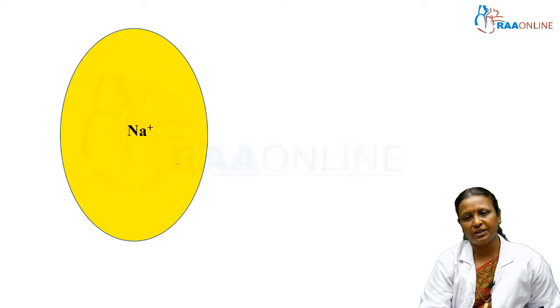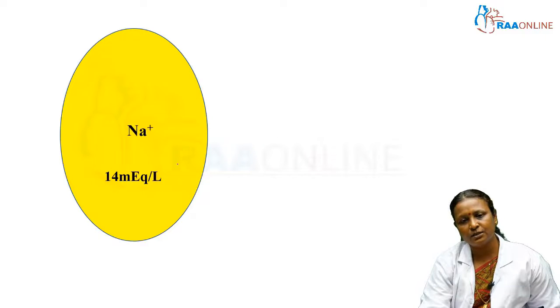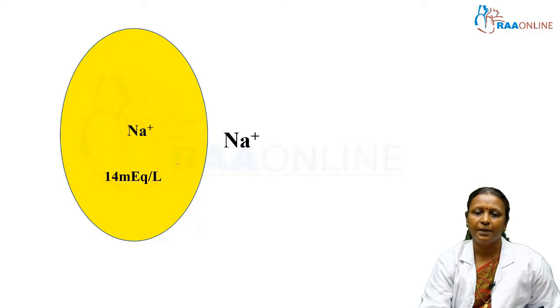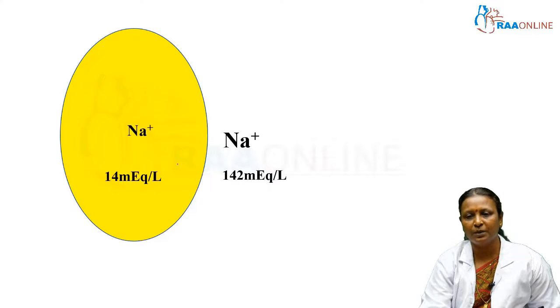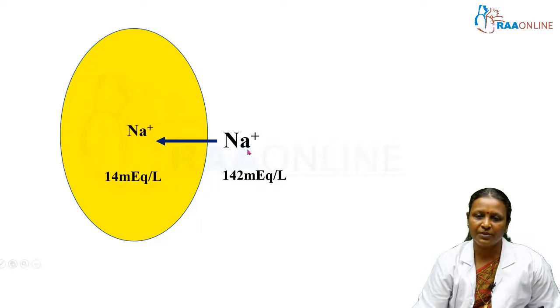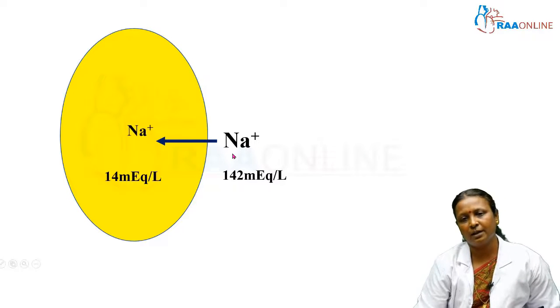Coming to sodium. The sodium concentration is less inside, 14 milliequivalents per liter. It is more in the extracellular compartment, 142 milliequivalents per liter. Now, the diffusion potential for sodium: sodium tries to move from the extracellular to the intracellular compartment.